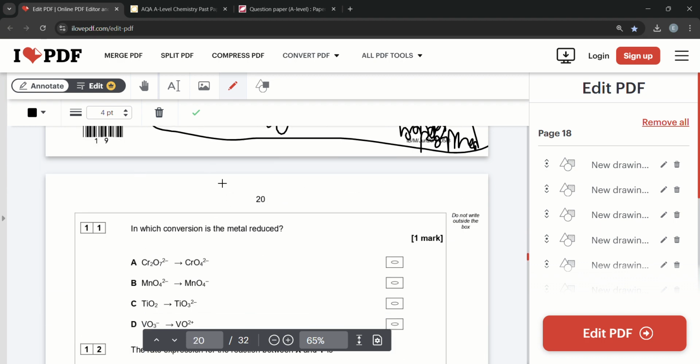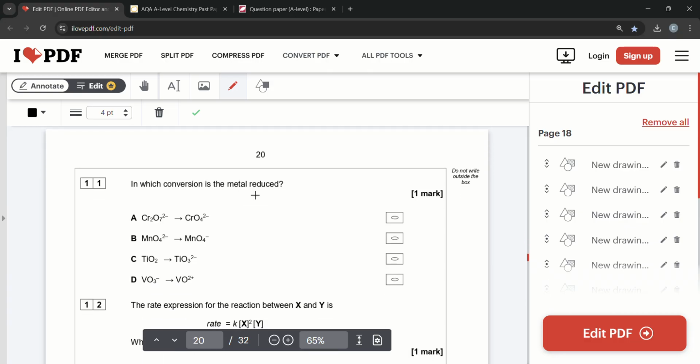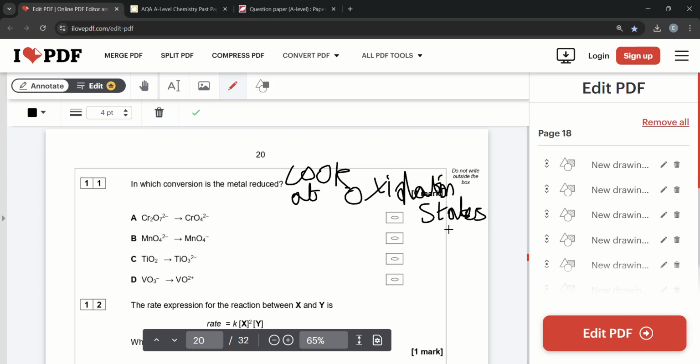11. In which conversion is the metal reduced? This one we're going to need to look at oxidation states. We're trying to find out which metal is reduced, so look at the oxidation states of the metal.